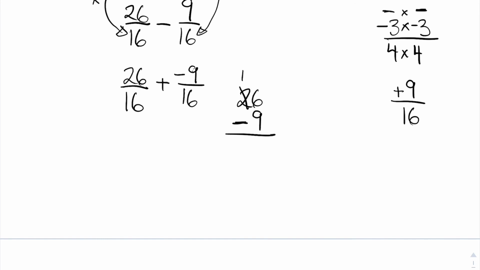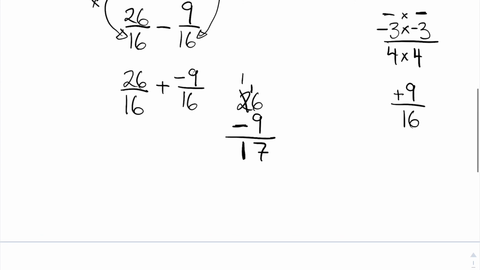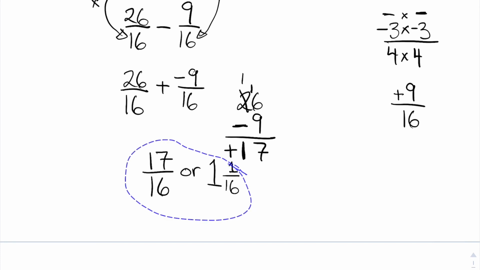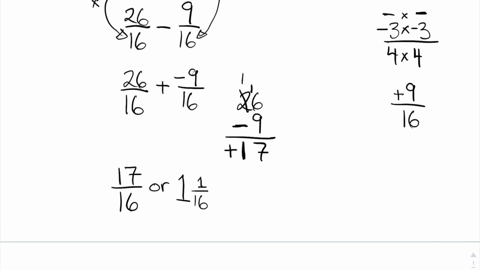And I'll borrow 1 from that 2 because I couldn't subtract it from the 6, which will leave me with 7, because 16 minus 9 is 7, and with a 1 left over, so giving us 17. The value of the larger digit was a positive number, so I'm going to end up with a positive answer. So with my answer of 17 over 16, I can rewrite that as 1 whole and 1/16 left over, and there's my answer.